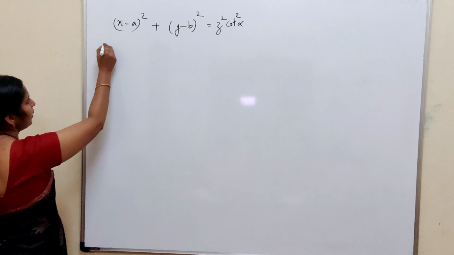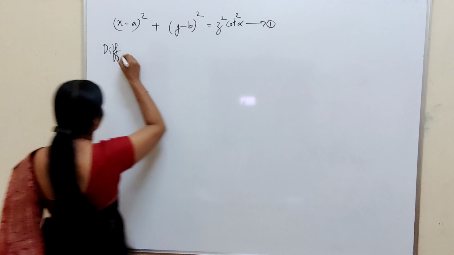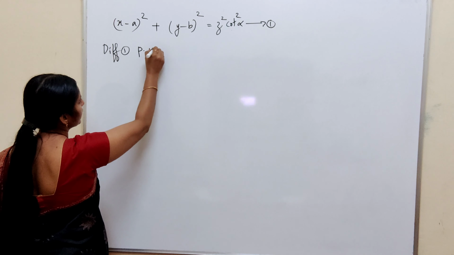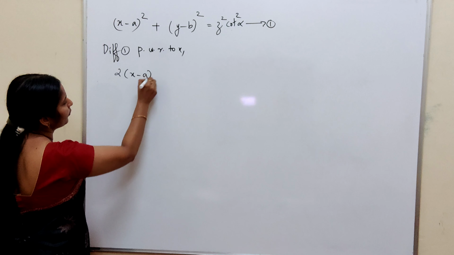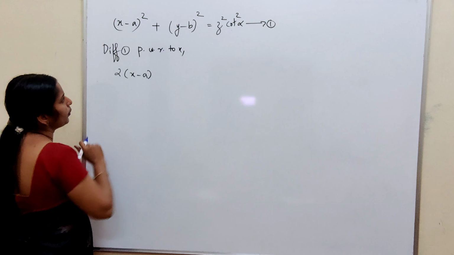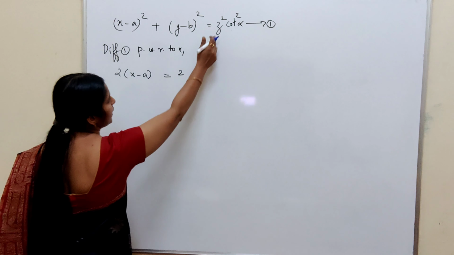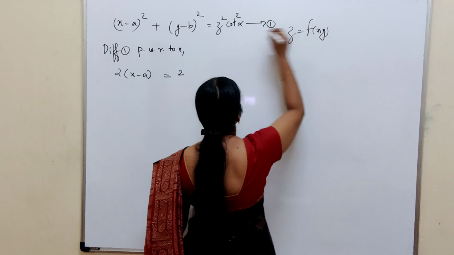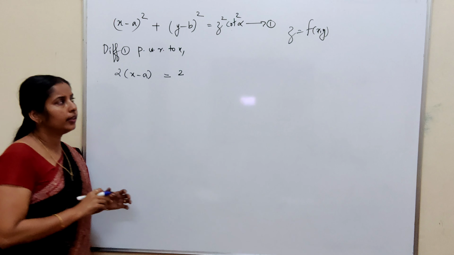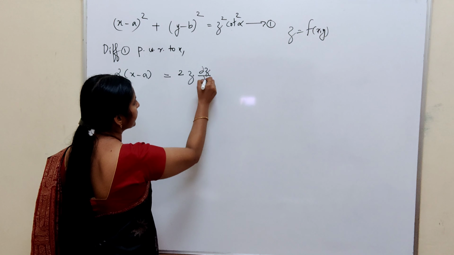So, I am differentiating equation number 1 partially with respect to x. 2 into x minus a. Here, there is no x, so its derivative is 0. Is equal to 2. See, z is a function of x and y. So z contains x. So its derivative is 2z into dou z by dou x.